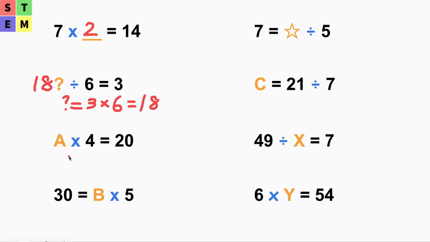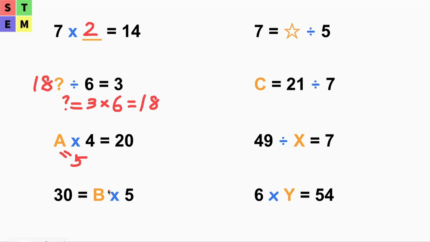Wow, it's too big. We got 20 here, so 3 is too small, 6 is too big. Let's try 5. 5 times 4 equals 20. So A here equals 5, because 5 times 4 equals 20.